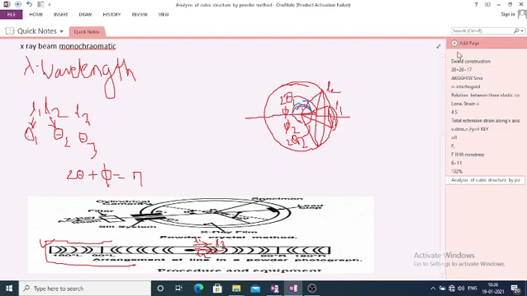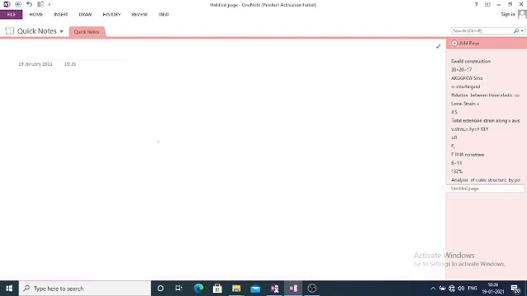Now we know there is a relation for the distance between two parallel planes. Suppose d is the distance between two parallel planes, or the interplanar distance, and hkl are the Miller indices.